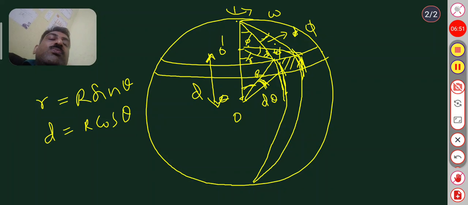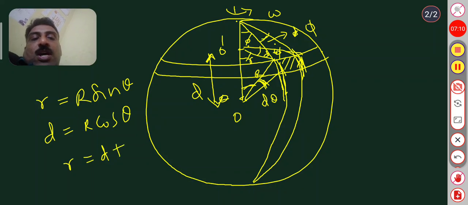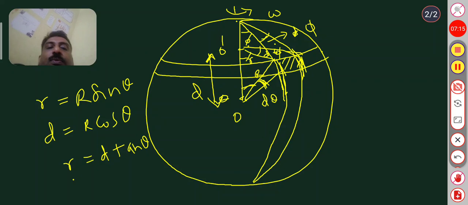Also, small r is equal to d tan theta. So these three relations you have, right?